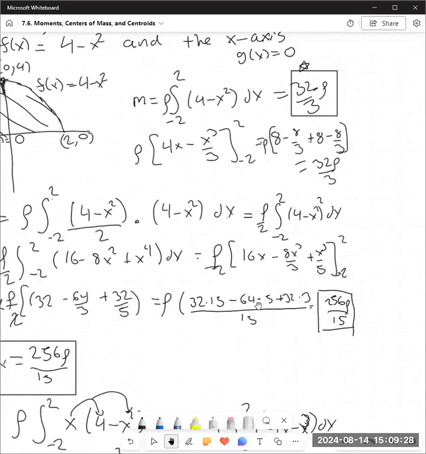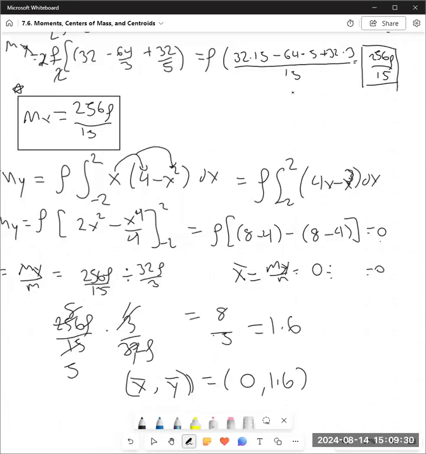It really doesn't matter, 32 rho over 3. 0 divided by 32 rho over 3 is going to be 0. There it is. So my x bar is 0 down here.